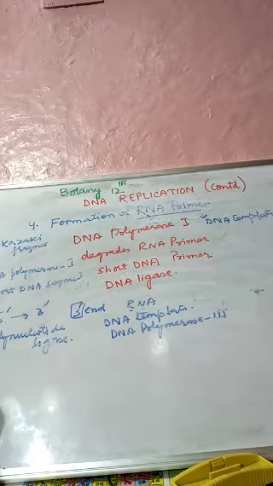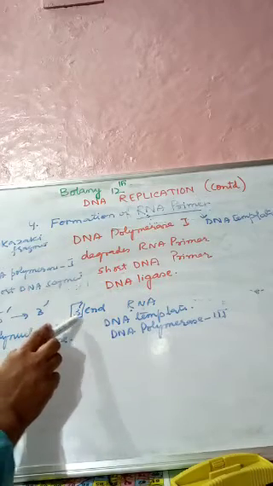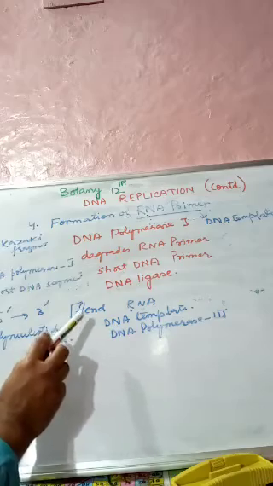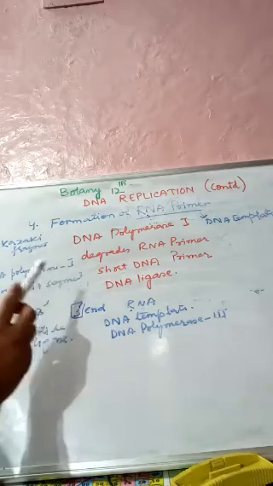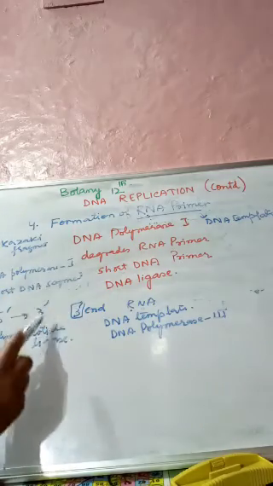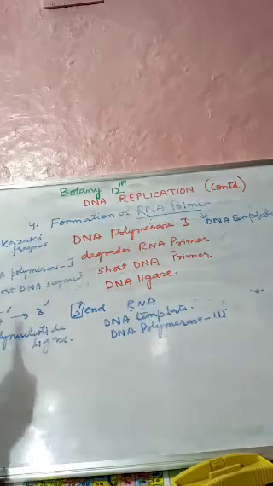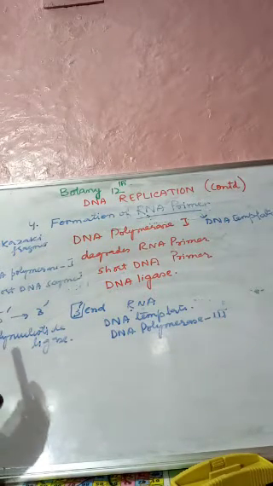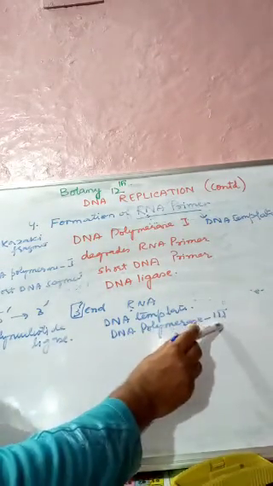Deoxyribonucleotides are now added to the 3' end of the RNA primer and the main DNA strand is synthesized on the DNA template. This strand is complementary to the DNA strand and is synthesized by DNA polymerase third.